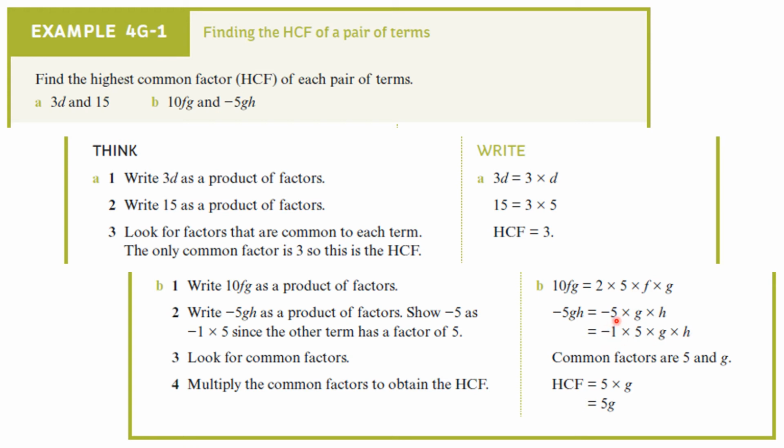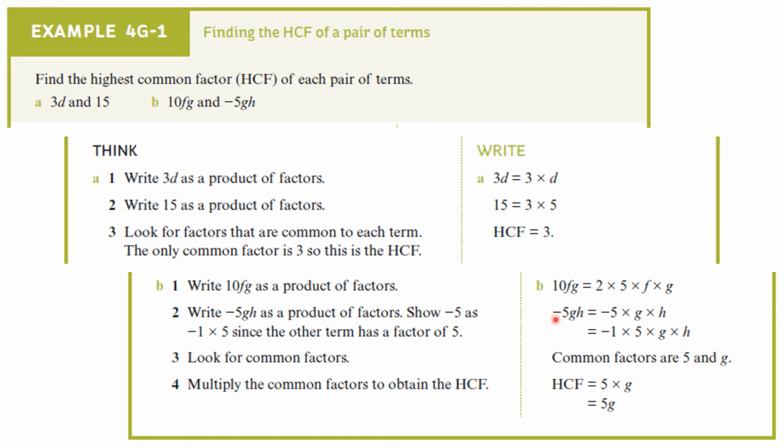You don't have to do that, it's not going to help you find the highest common factor. So if we look at the numbers, they share a 5. The letters, they share the letter G. So the highest common factors are 5 and G.